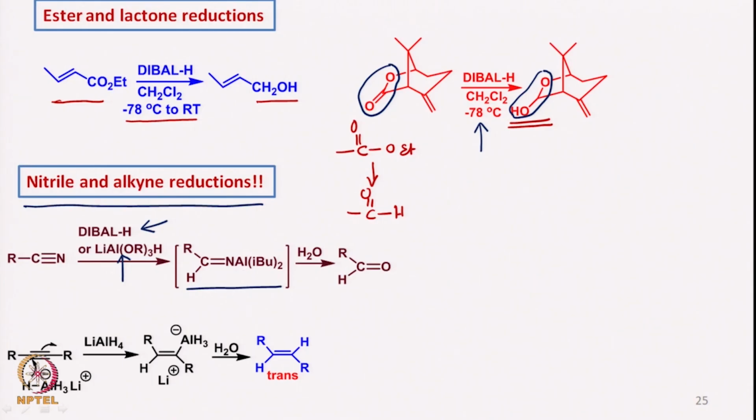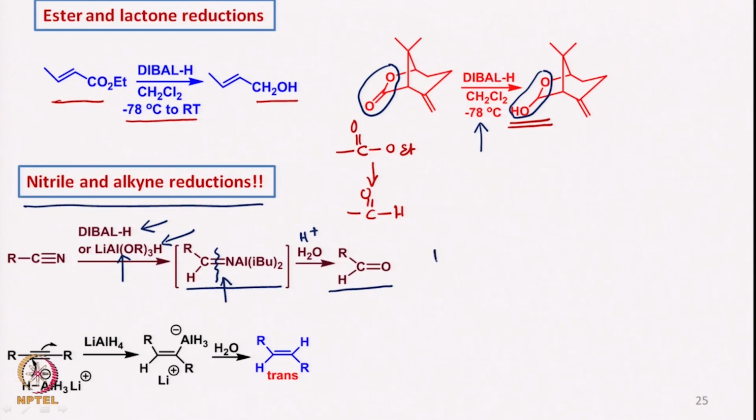We do not use DIBAL in excess, we do not use this lithium aluminum trialkoxyhydride in excess, we just use one equivalent, and therefore we can stop the reaction at this stage. After that, if you add a small amount of acid and add water, this gets hydrolyzed and one can stop the reaction at the aldehyde stage.